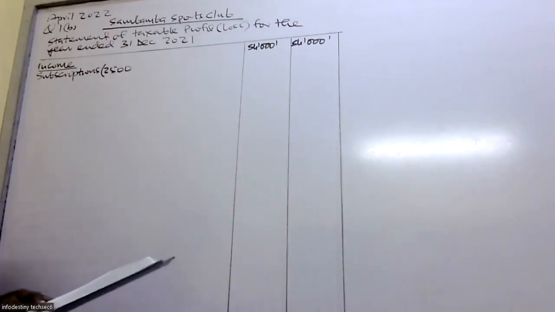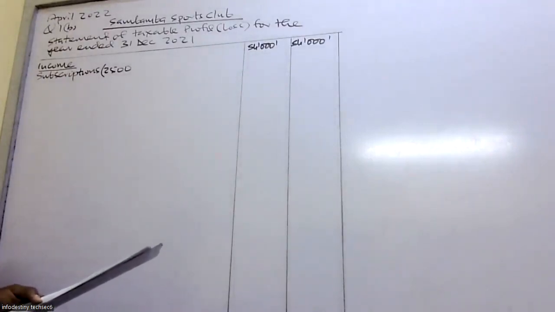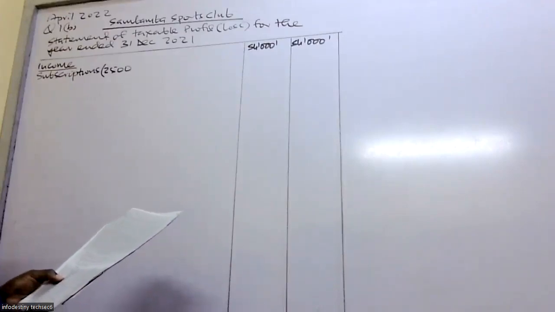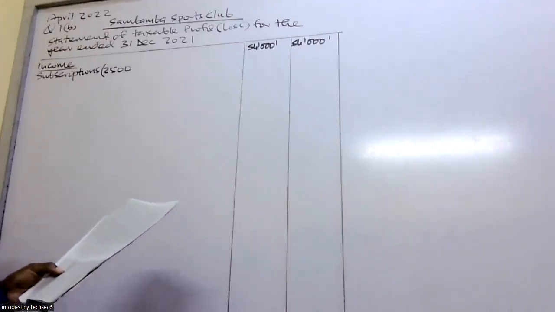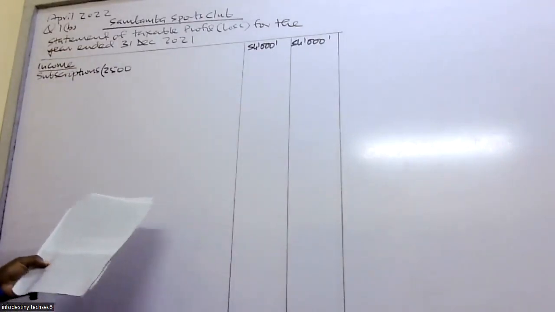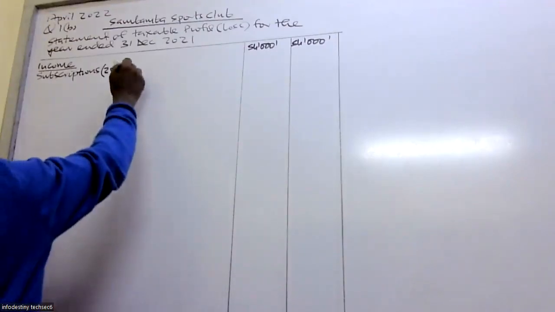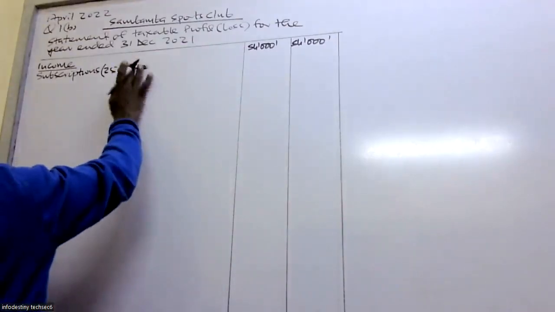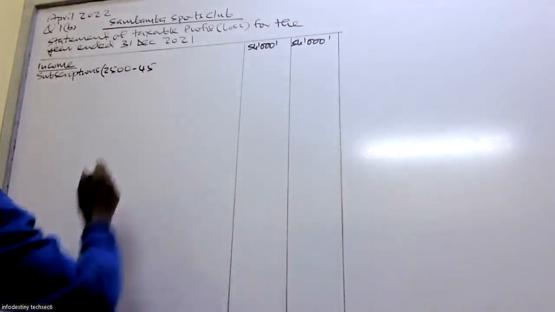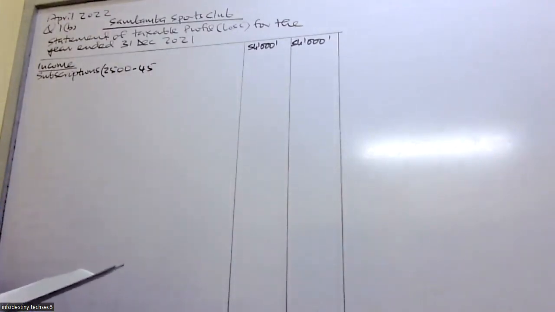For example, on the credit side of the receipts and payments, there is something on subscriptions: refund of subscriptions of 45. So we adjust for the refund of 45.